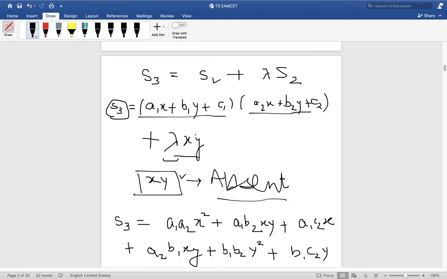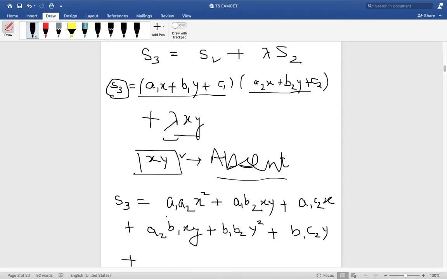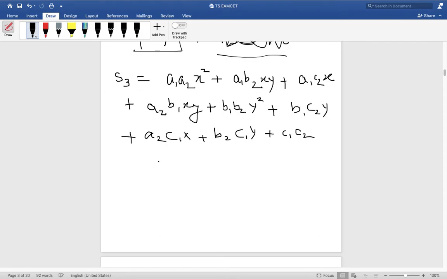Then I will also get, when I multiply c1 with this, a2 c1 x plus b2 c1 y plus c1 c2. Now notice we also had lambda xy here, so I will write lambda xy.